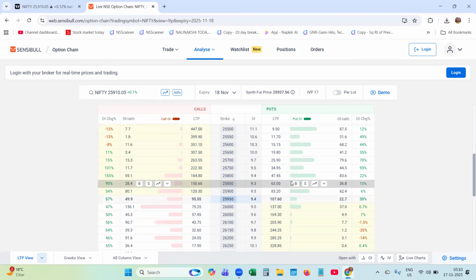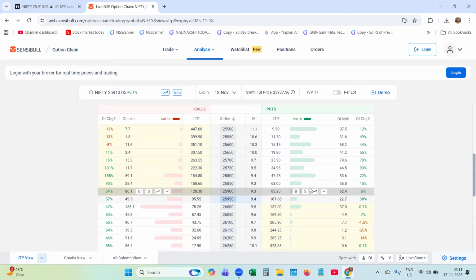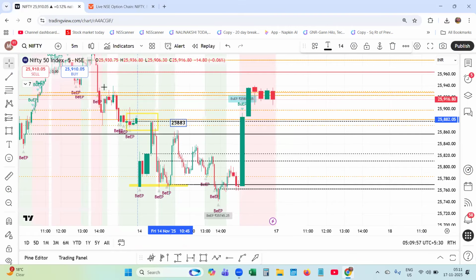If you go there, you can see the maximum open interest. And the maximum open interest at 25,900 is on the put option. So the maximum open interest is of the call writers, and the only put writers we are seeing over here on the 5-minute chart are the 15-minute EP.